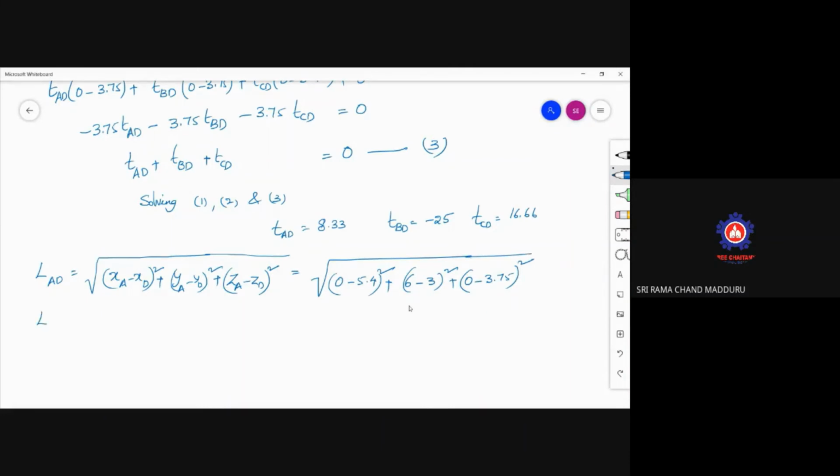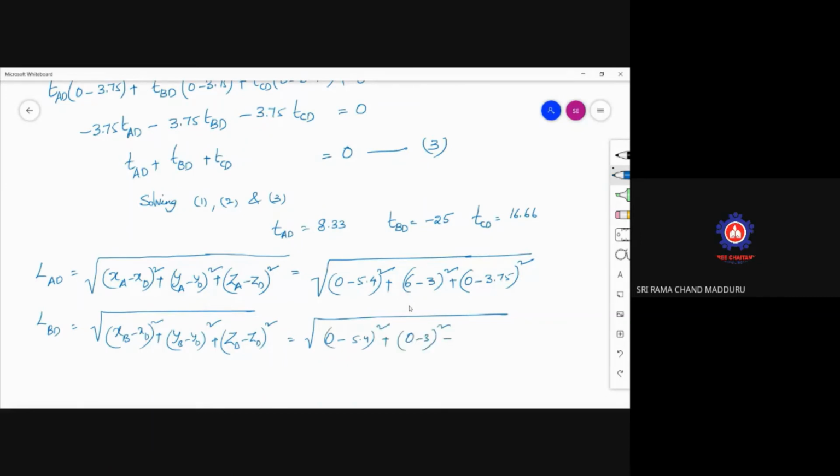Similarly, the length of member BD you can calculate using the square root of (XB minus XD) whole square plus (YB minus YD) whole square plus (ZB minus ZD) whole square. So the square root of (0 minus 5.4) whole square plus (0 minus 3) whole square plus (0 minus 3.75) whole square.